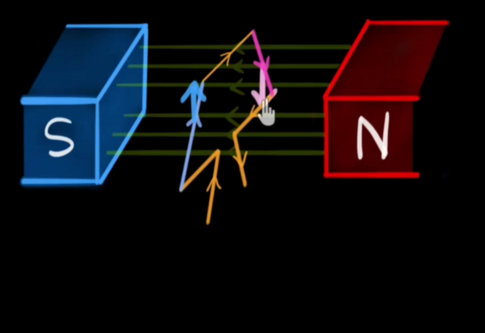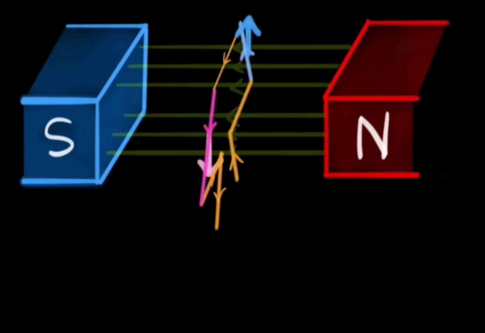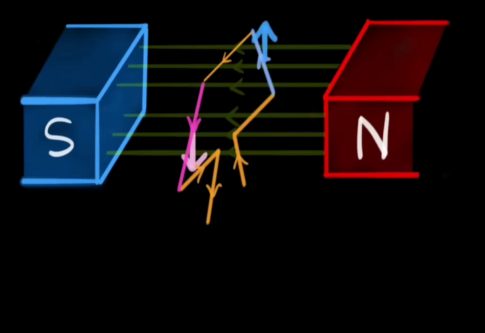In effect, therefore, the action of the commutator is to reverse the connections to the external circuit at the same instant the direction of EMF reverses in each coil side. Each brush, positive or negative respectively, is therefore always maintained at the same polarity.